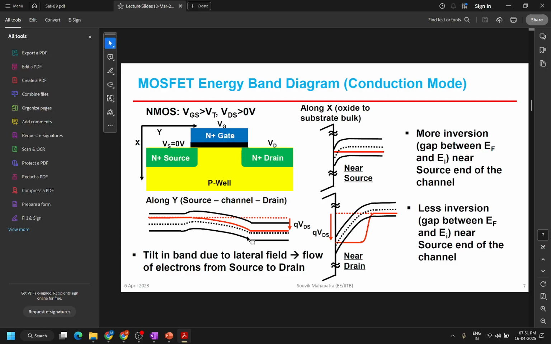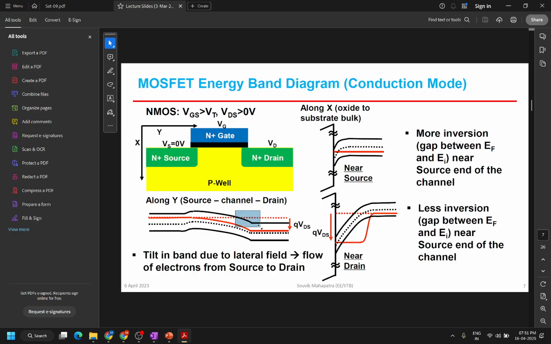If there's a barrier at the source, then your electrons won't be able to cross that barrier, so they won't be able to come here. First your electrons have to cross this barrier at the source, at this interface.